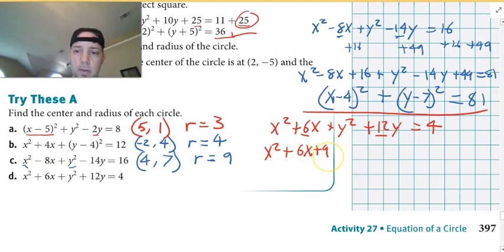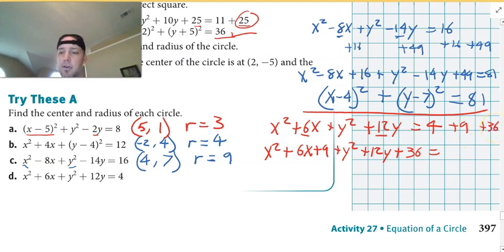For my y values, half of 12 is 6. 6 squared is 36. Add that to both sides. And so 36, 45 plus 4 is 49.